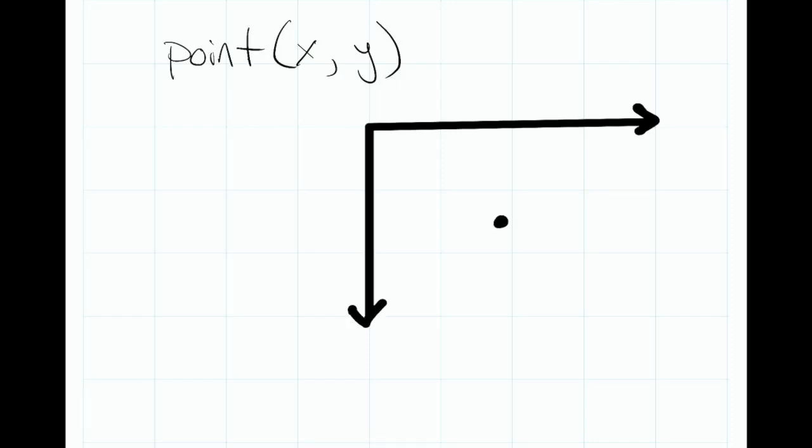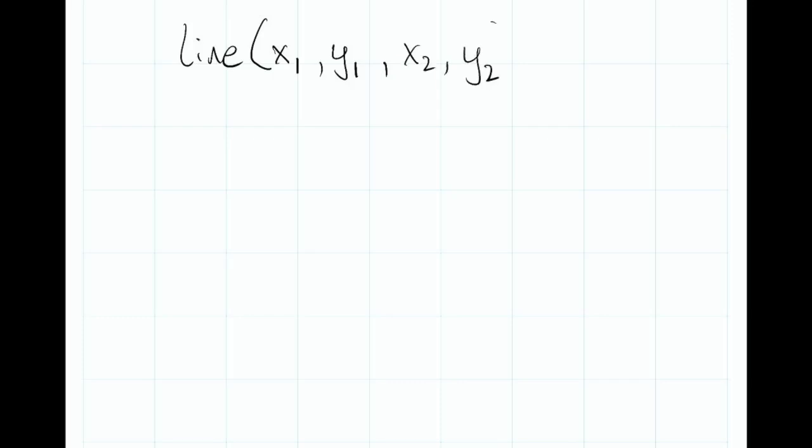Now, if we do the next one, let's do a line. That takes a couple different points. That takes an x1, and I want to do it a little bit differently. That also takes a y1, it takes an x2, and a y2.